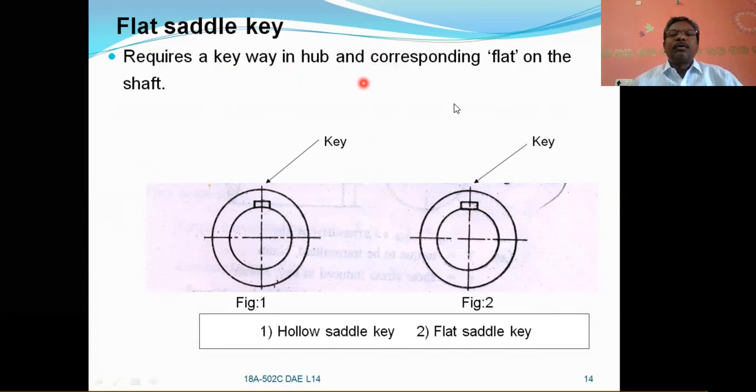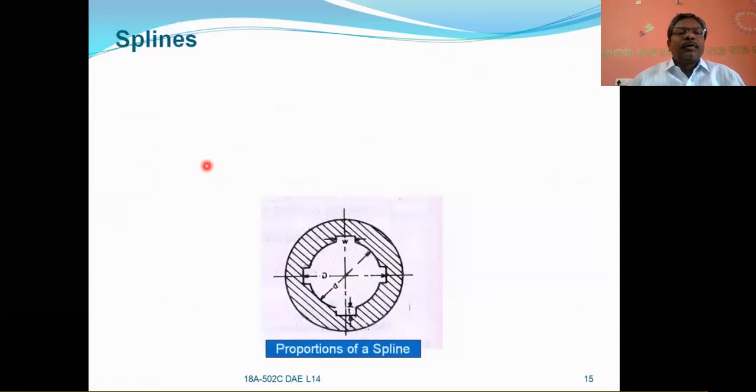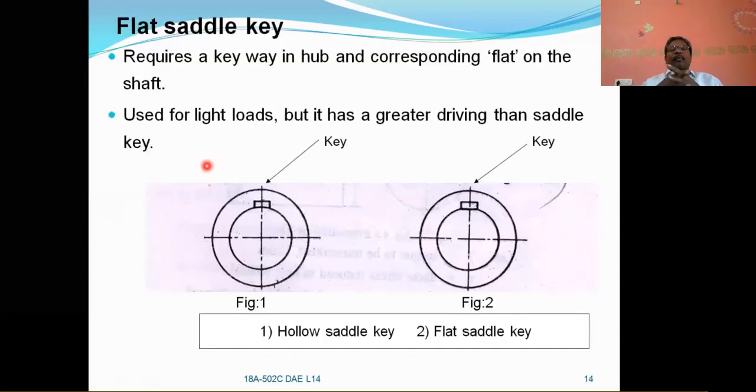It is used for light loads, but it has a greater driving capacity than the hollow saddle key. So this is all about the flat saddle key.